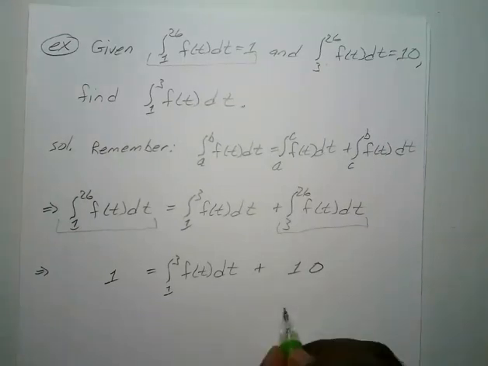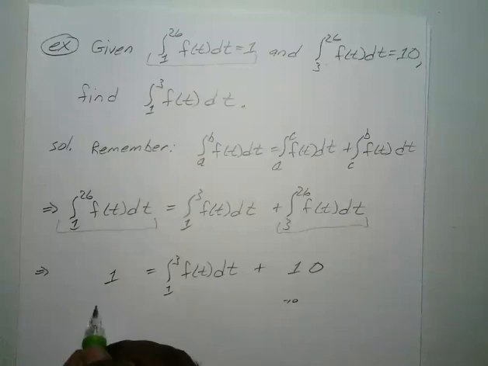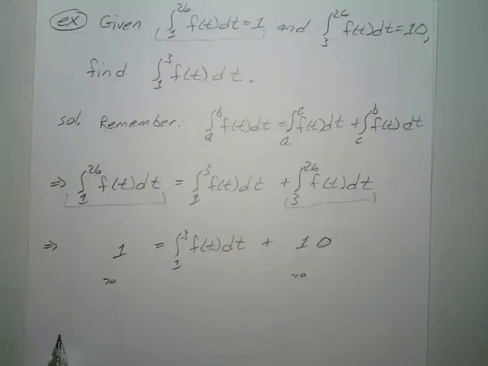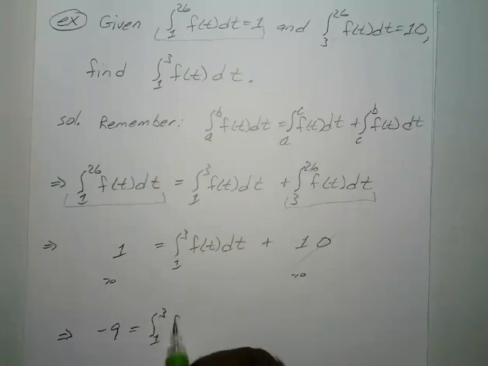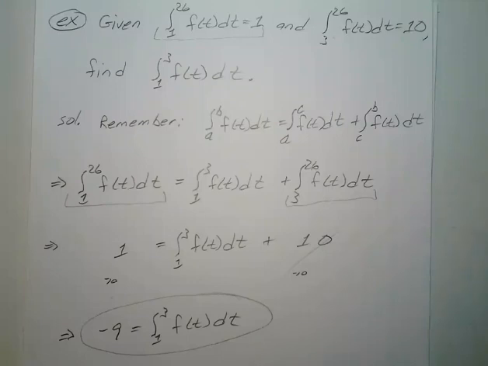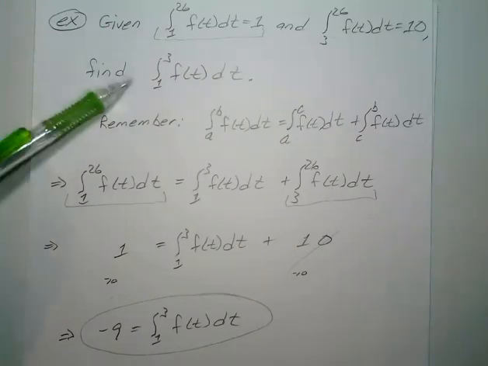Okay, so if we go ahead and just subtract 10 from both sides of the equal sign, these two cancel out. So 1 minus 10 is negative 9. So you have negative 9 is equal to the integral from 1 to 3 of f of t with respect to t, which is our answer, since that's what we were looking for.